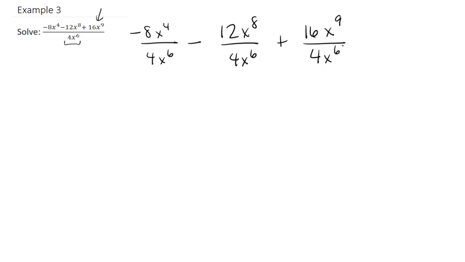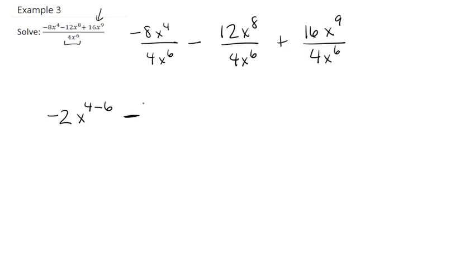Now let's go ahead and start working on this first term. So we have negative 8 divided by 4. So we have 8 divided by 4, which is 2, but we have a negative. So we have negative 2. Now we have x to the 4th, and we need to bring the 6 to the top, and we do that by subtraction. So we have 4 minus 6.